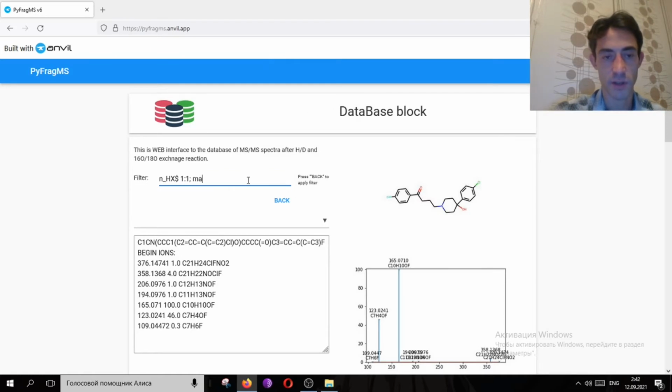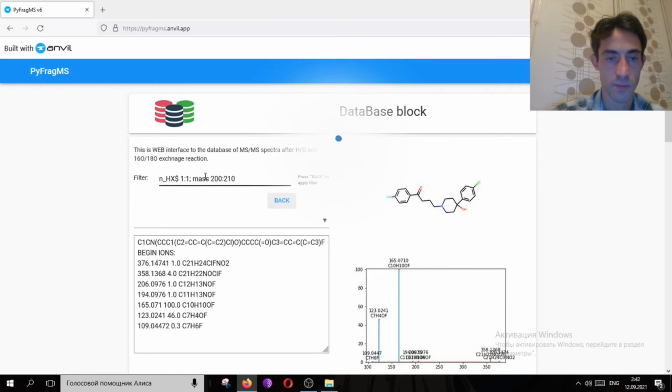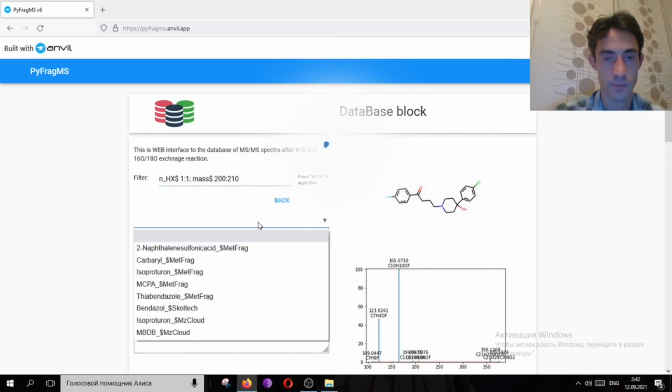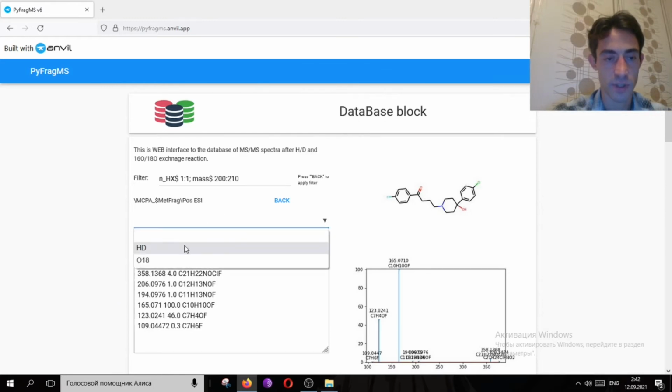So, for example, this will select only molecules with exactly one labile hydrogen and with mass in this range. Yeah, so you see what was selected.